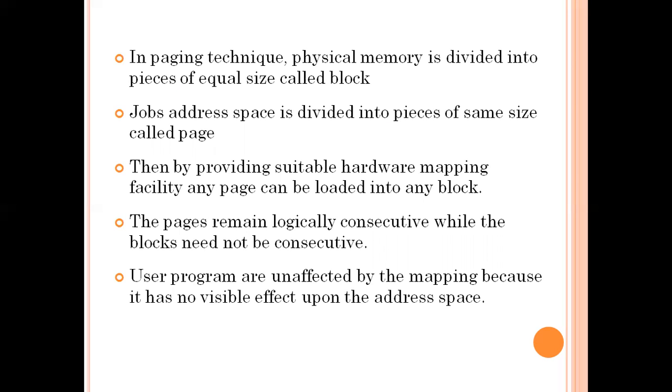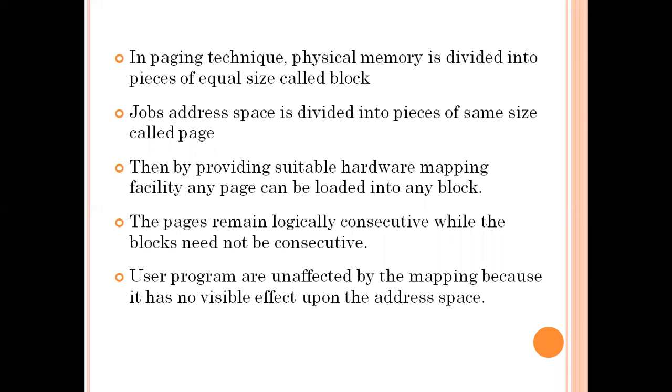So after dividing the physical memory into blocks and the jobs into pages, using some suitable hardware mapping technique, any page you can keep in any block. So the pages need not be continuous. It is the responsibility of the processor to retrieve the pages in order. The user programs are unaffected by the mapping because it has no visible effect on the address space.